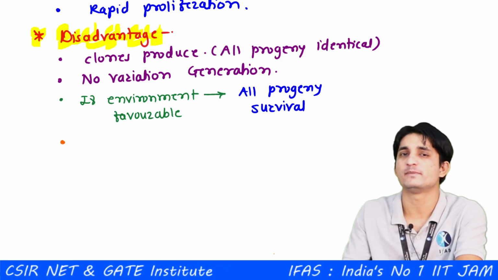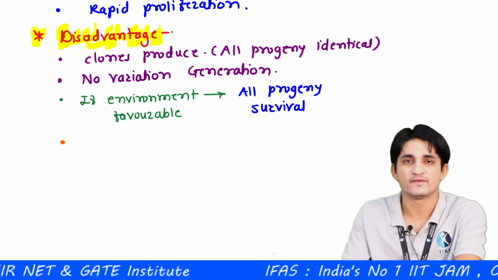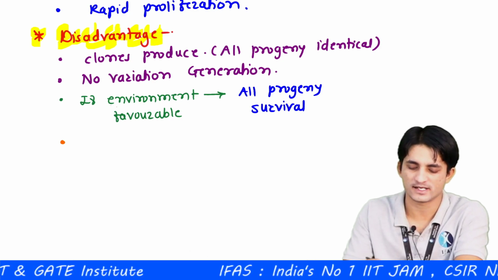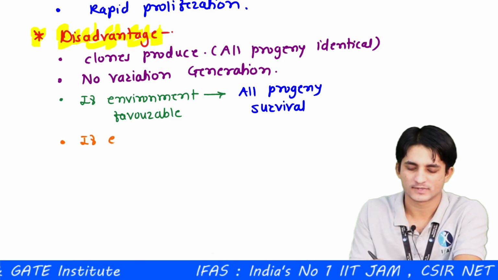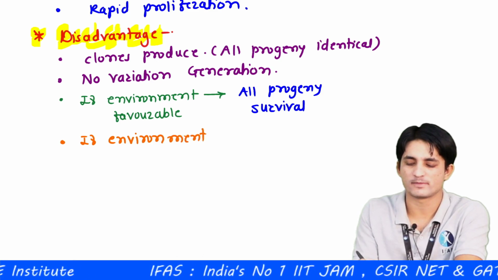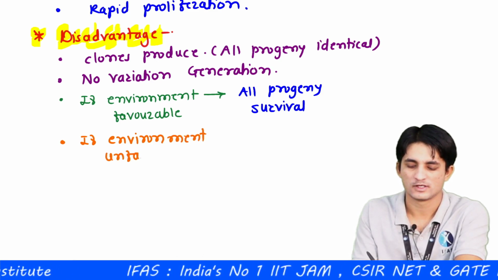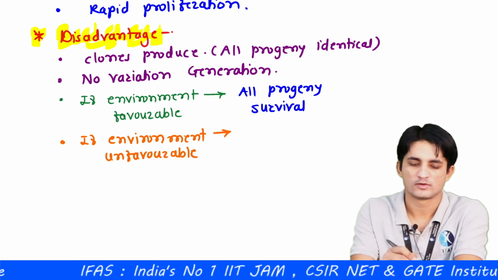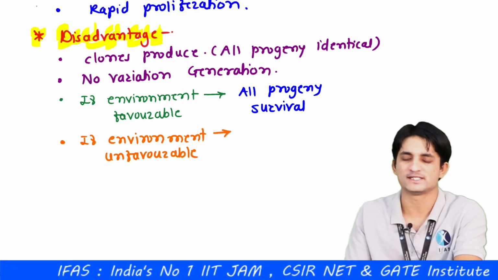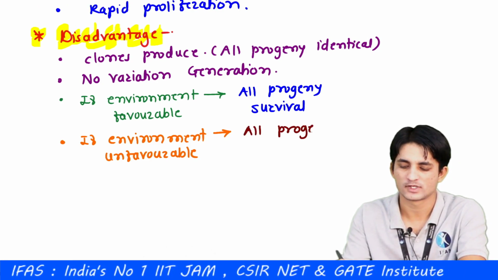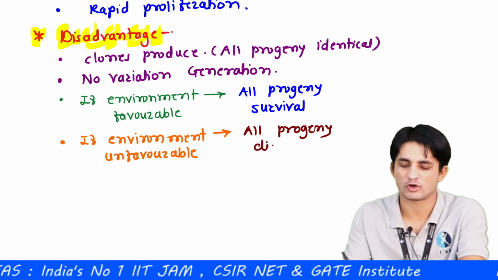If the environment becomes unstable, if unfavorable, then all progenies will die. Unfavorable means favorable growth factors are not present, therefore all progeny die because all are similar.